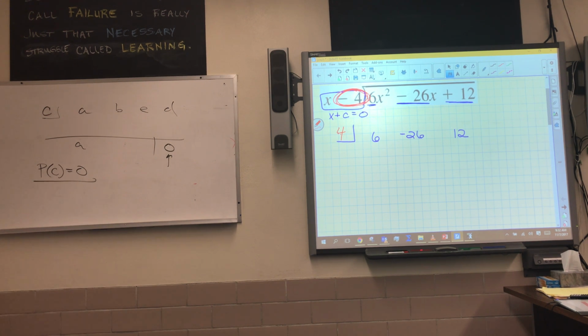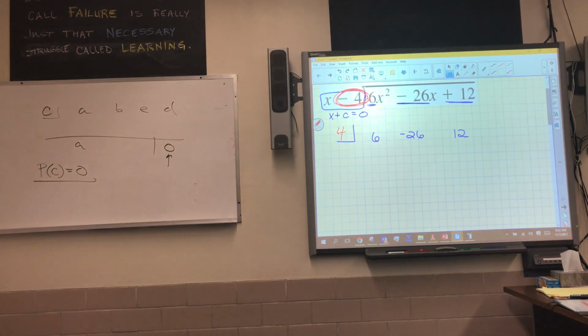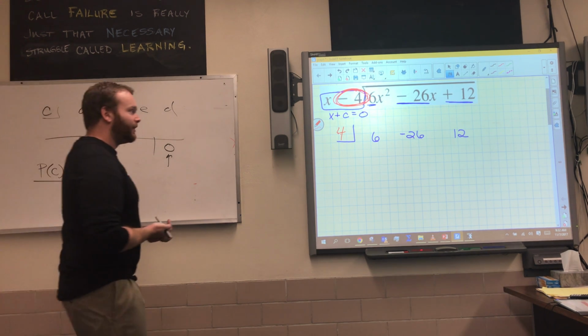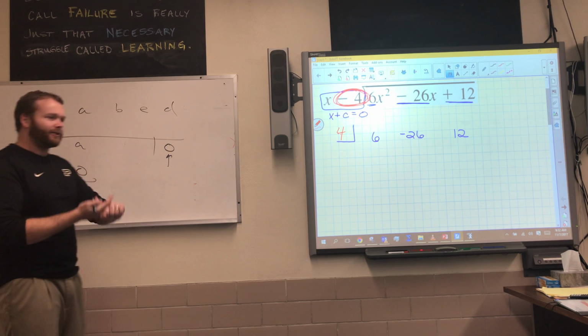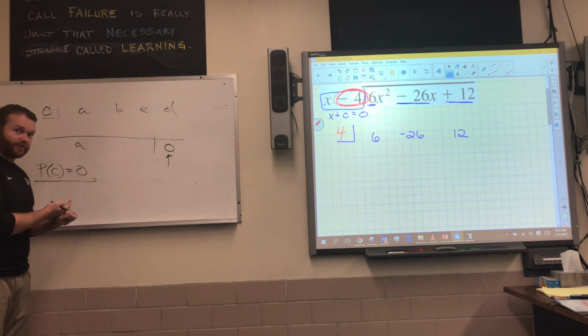So we take x minus 4 being the factor, because when we do division, if I give you 10 divided by 5, you get 2. So 10 was the dividend, 5 was the divisor, 2 was the quotient. But isn't 2 also a factor of the original 10, and the divisor of 5 also a factor of the original dividend of 10?